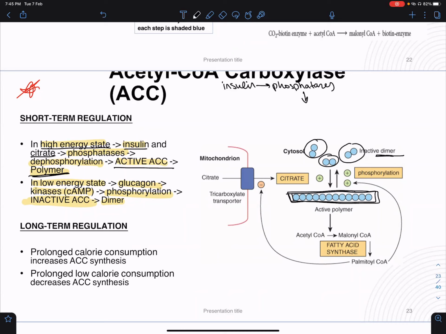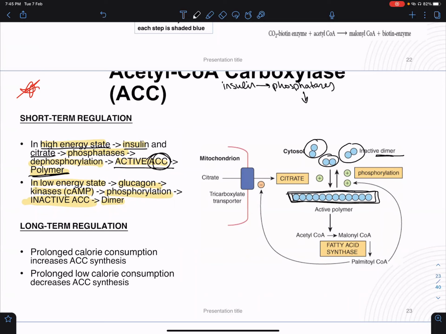Kinases phosphorylate. Because you have insulin, you have active phosphatases. Because you have active phosphatases, you have dephosphorylation of the ACC, which is the acetyl-CoA carboxylase. When it's dephosphorylated, it's active, which means fatty acid synthesis can take place.